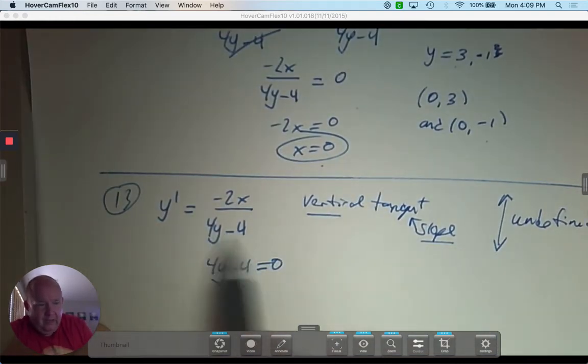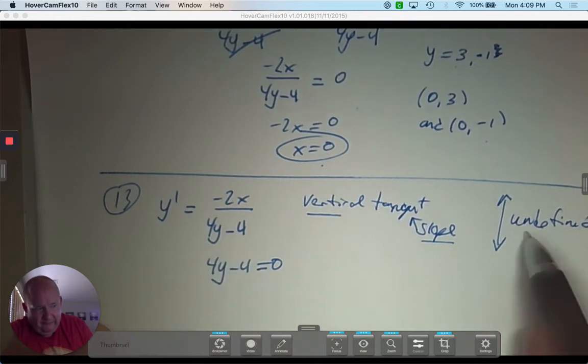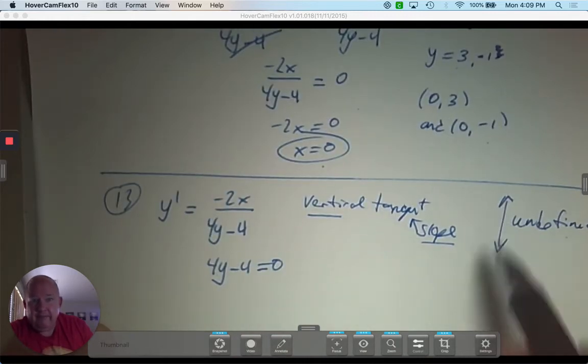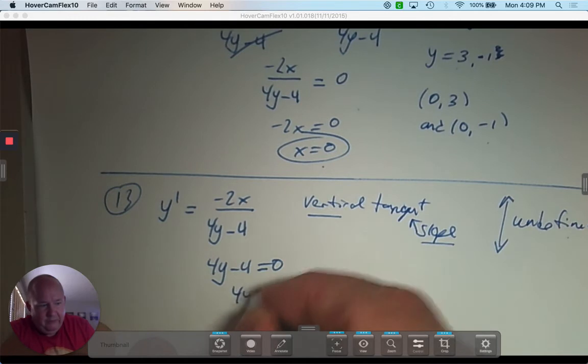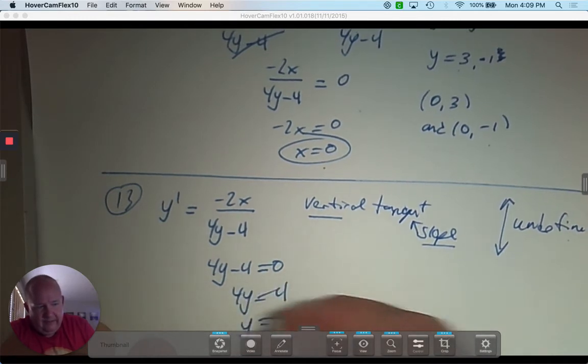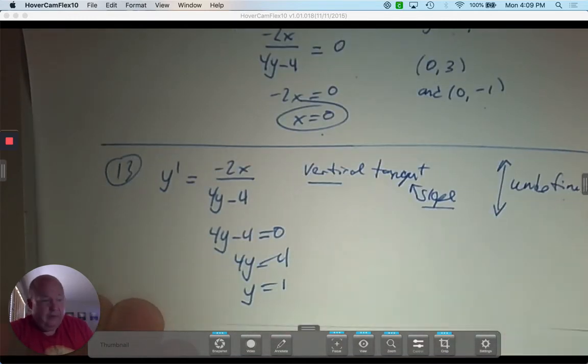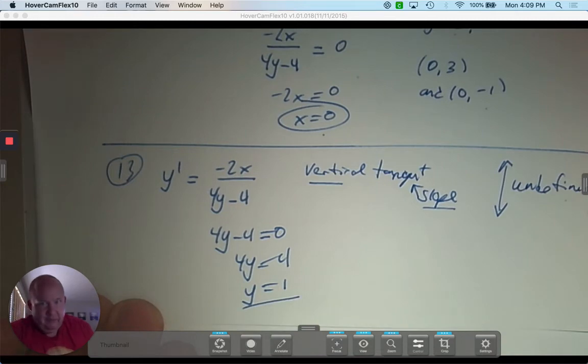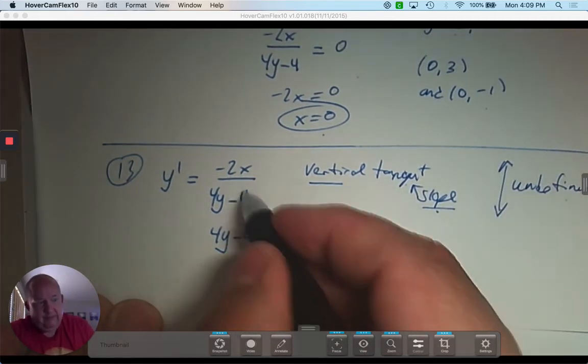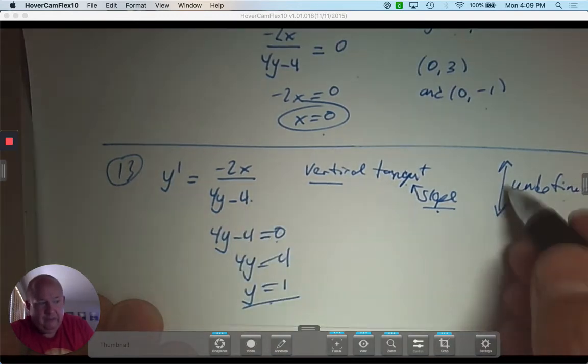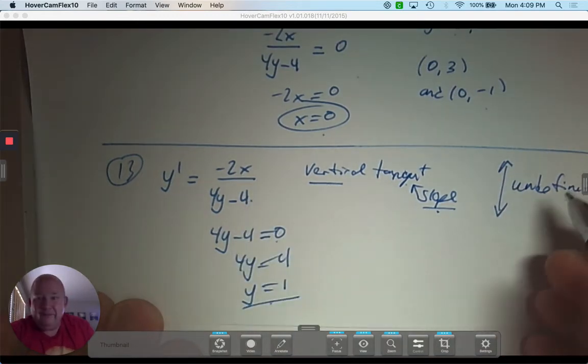If the denominator was 0, then it would be undefined, and that would describe a vertical tangent. So add 4, divide. Now we're going the other direction. So we know the y-coordinate. When the y-coordinate is 1, we have a vertical tangent. That means the denominator is 0. That means the slope is undefined.